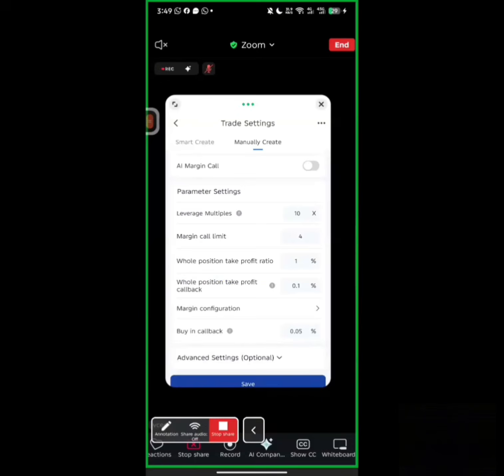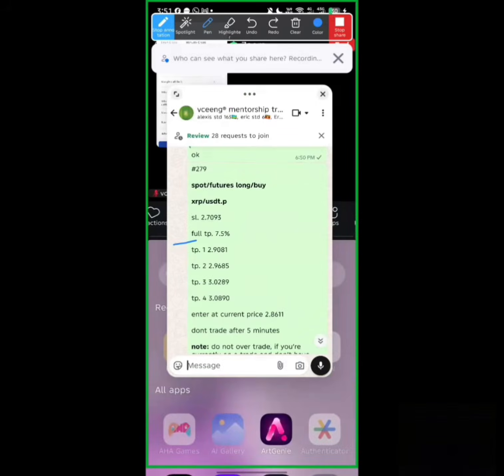Now we are going to go into the signal again so that we can show what the whole position take profit ratio is saying. Okay, this signal has given us a full TP. Another signal might say TP. If the signal is from me, it will say TP, because I'm teaching you based on how I send my own signal.